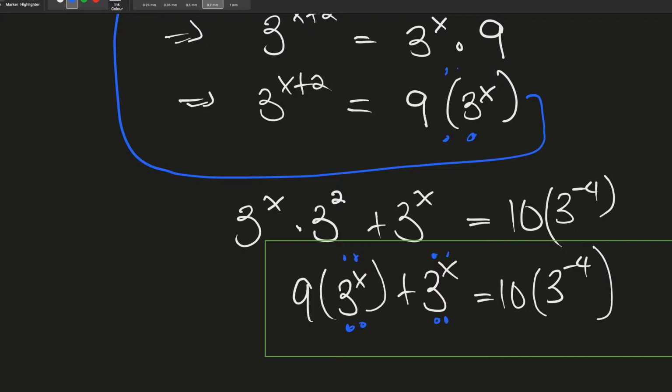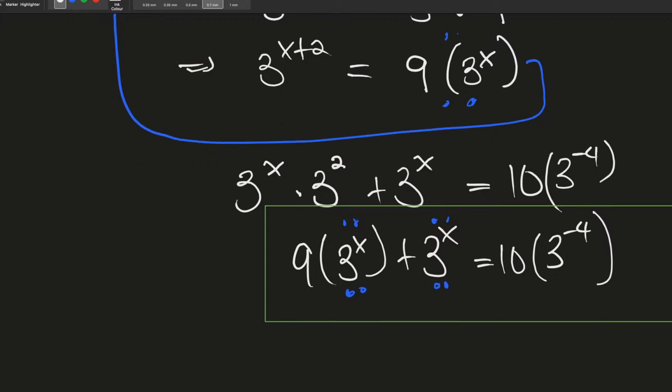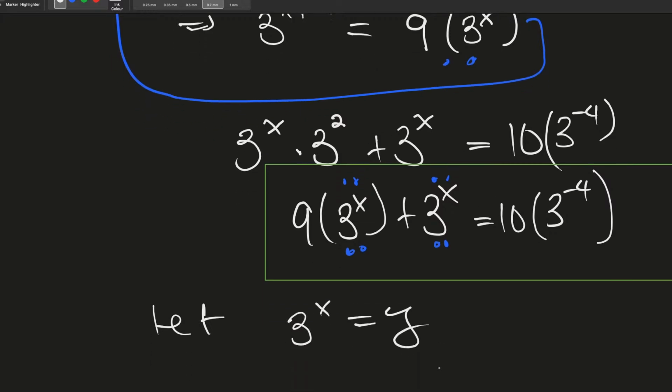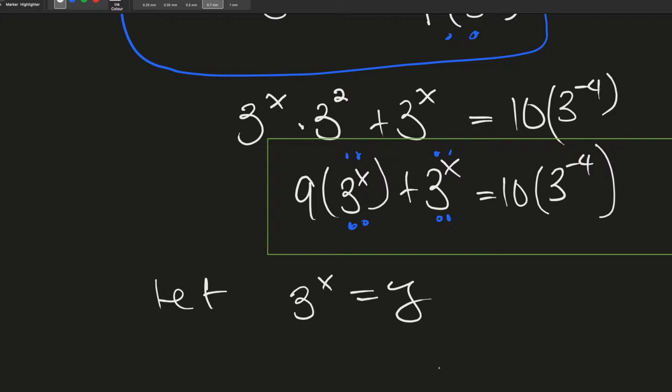So I say, let 3 raised to the power x be equal to y. If we say that, then we are going to get 9y plus y is equal to 10 times 3 raised to the power -4.